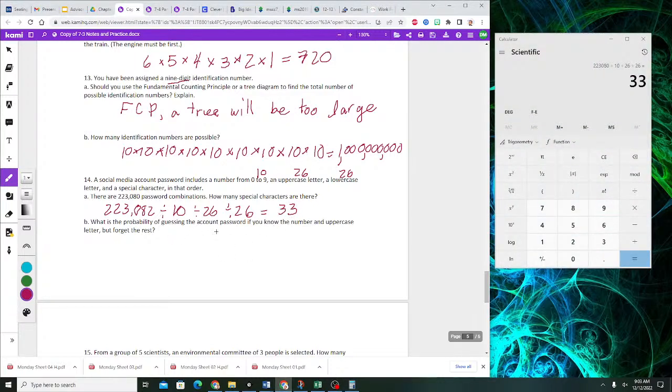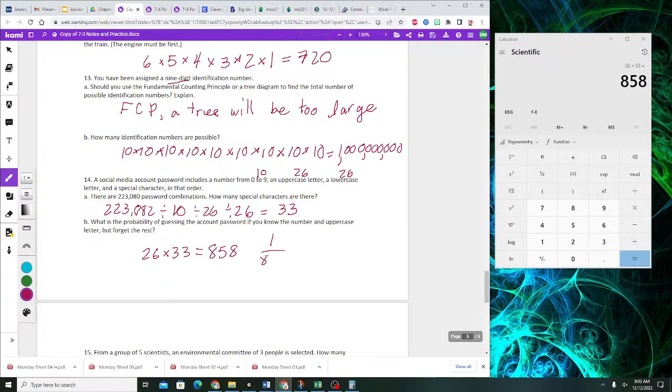What's the probability of guessing the account password if you know the number and uppercase but forget the rest? So you've got the first 2. It's the last 2 that you're not certain on. Well, with the lowercase times the 33 for the special characters, that was 26 times 33. That gives us 858 possible combinations.